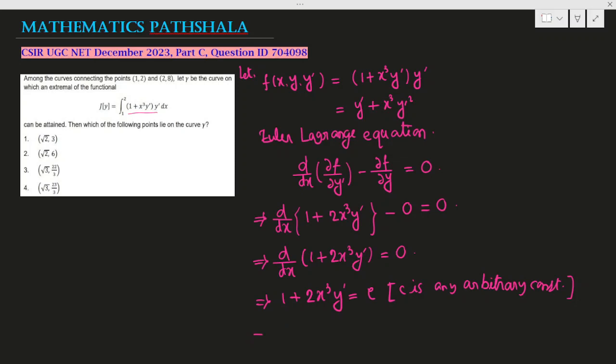From this we can derive y dash, that is y dash is equal to (c minus 1) by 2 into x cube, and we can write it also as (c minus 1) by 2 into x to the power minus 3.